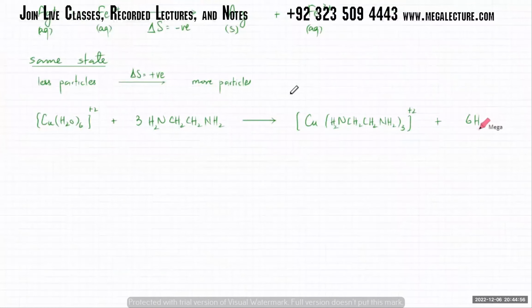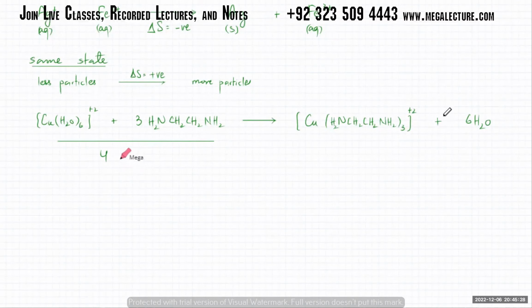You'll study this reaction later on; for now, just understand simply that copper was attached to 6 water molecules. This molecule came in, knocked out all the water molecules, and took their place. 6 of the water molecules got knocked out. Now, all of this is happening in a solution in aqueous state. So the state is the same, but your number of particles is increasing. You had 4 particles initially in the reactants, like 1 of this, and you had 3 molecules of this.